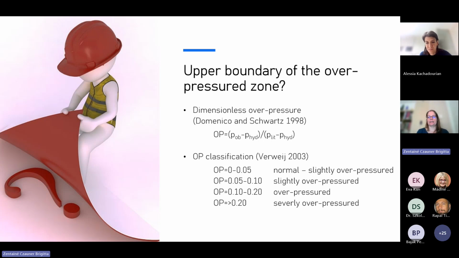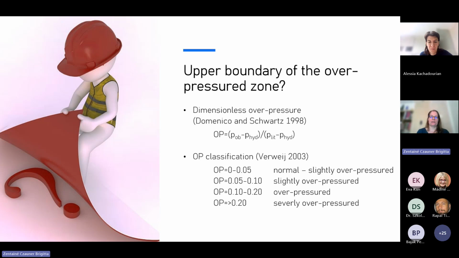There are also different ways to define this boundary in the literature. Maybe one of the best known is the dimensionless overpressure parameter of Domenico and Schwartz, which is defined as the difference of the observed or measured pressure minus the hydrostatic pressure, divided by the difference of the lithostatic and the hydrostatic pressures.